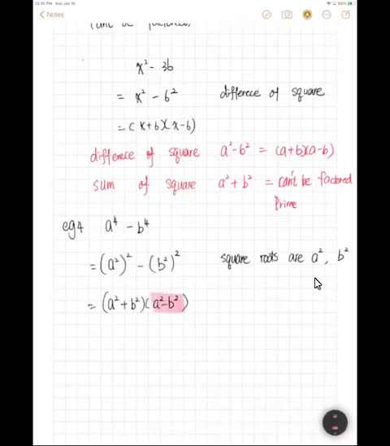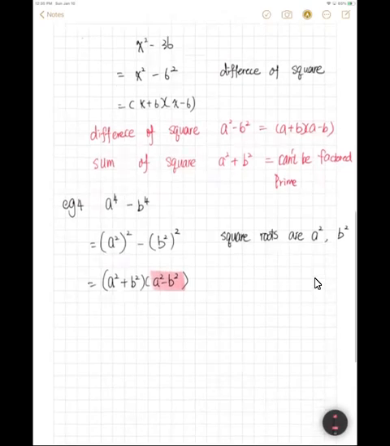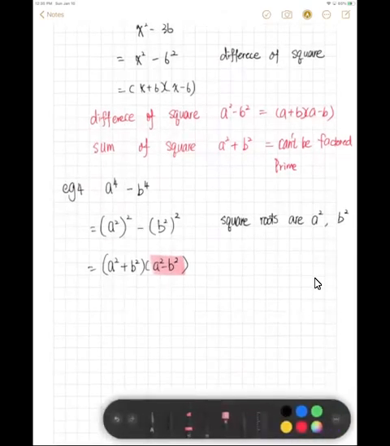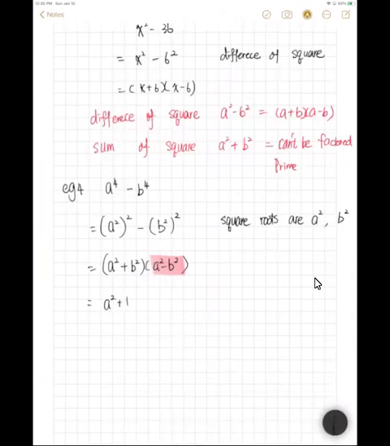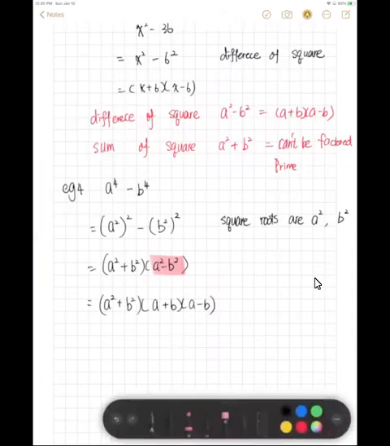And then this part, what you can do is what? We can continue to factor. So I have a squared plus b squared times a plus b times a minus b, because a squared minus b squared is another difference of squares.